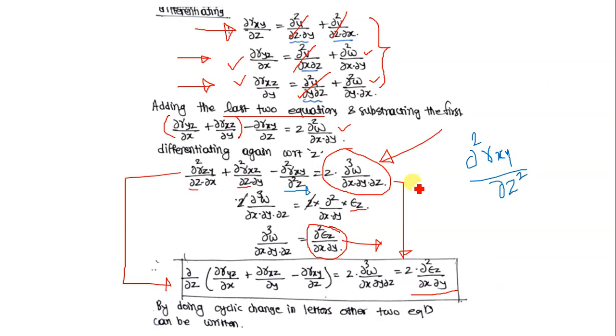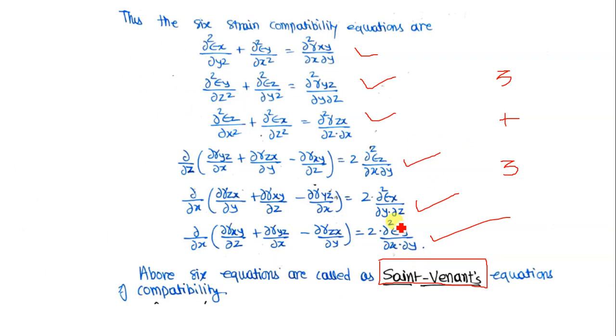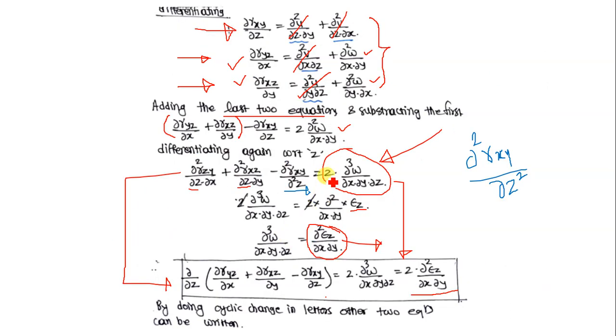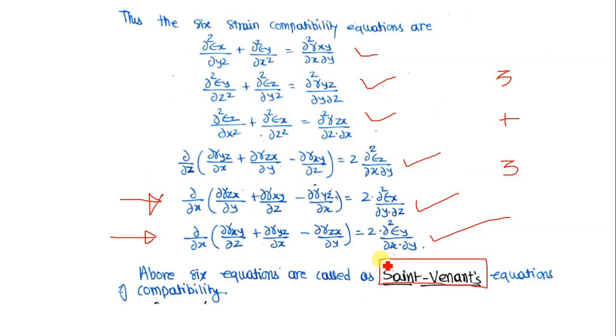Now I will request you to derive the second equation as well as the third equation by following the same process. Here we have added the last two equations and we have deducted the first one. So performing the cyclic operation, you can derive the remaining two equations.